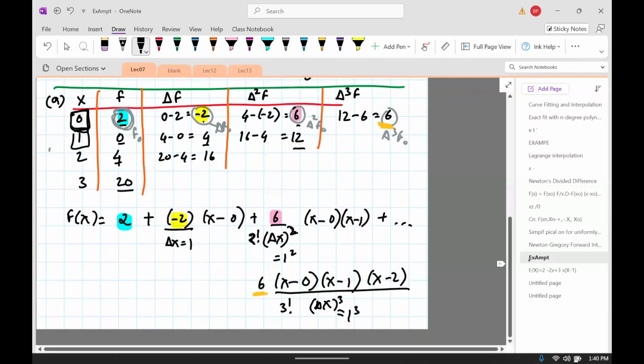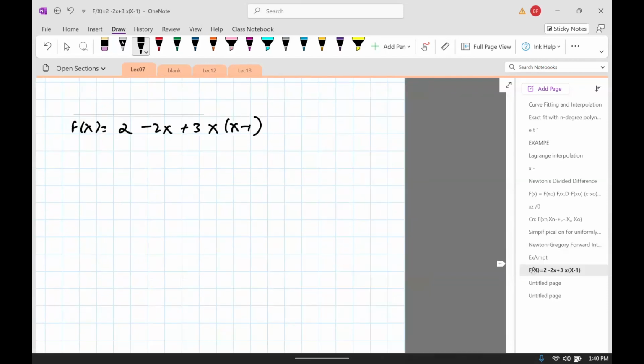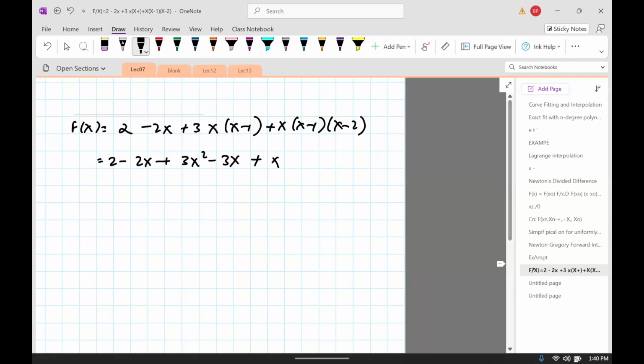And then we have 6 times 3 factorial is 6, so 6 cancels. So we have x minus 1, x minus 2, 2 minus 2x plus 3x squared minus 3x plus x cubed minus 3x squared plus 2x. If you simplify this, you get x cubed minus 3x plus 2. Okay, that's the answer.